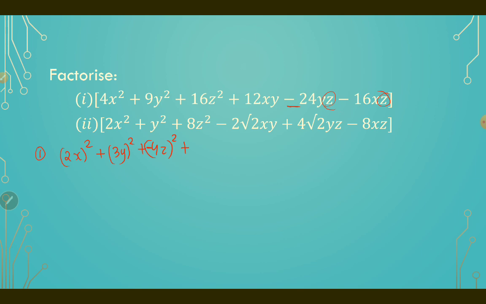So minus 4z. So 2 into 2x into 3y plus 2 into 3y minus 4z plus 2 into minus 4z into 2x. So this is nothing but 2x plus 3y minus 4z the whole square.